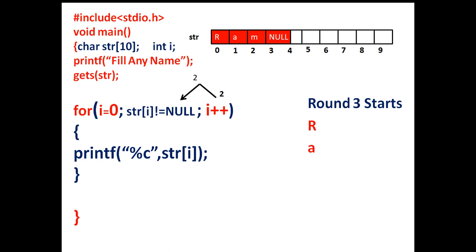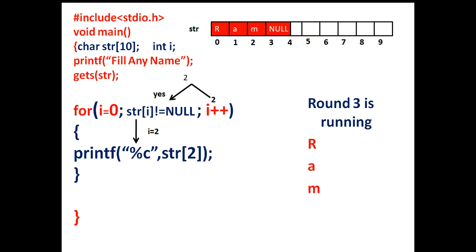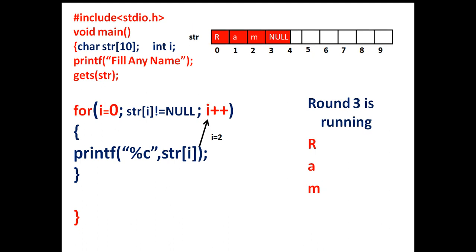Now it has come to the str[2] position, and at the second position the value is m. So now the condition is again true. So again the loop will come into its body and it will print the data of the second location, and after printing m, it will increment the value of i. The value is 2, and now it will become 3, and again the loop will come here.